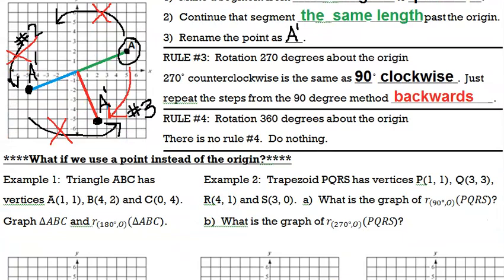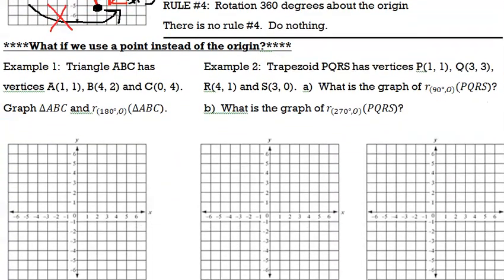All right, now, real quick, if you're looking at rule number 4, 360, well, when you do a 360, nothing really happened. You should have landed directly back at your starting point. So assuming you did your 360 correctly, there was really nothing to do at all. Okay. All right.